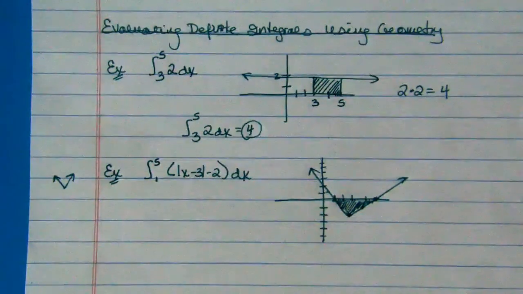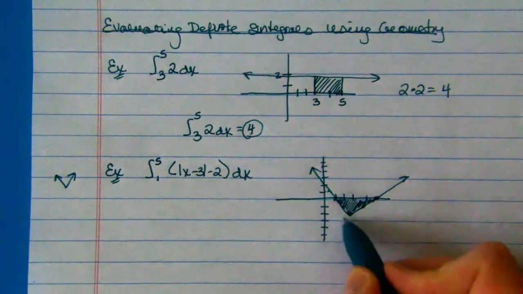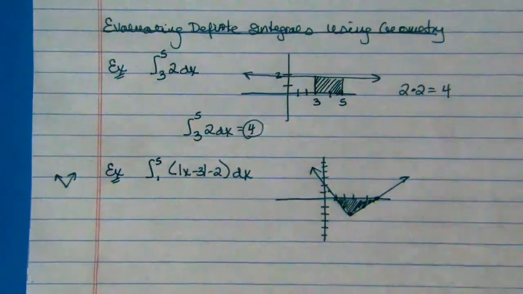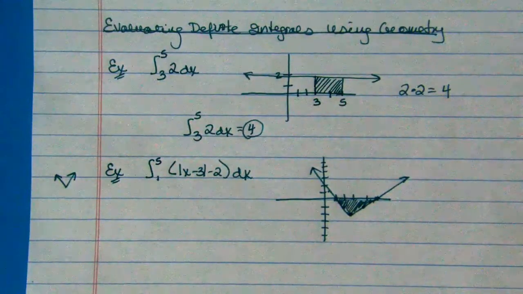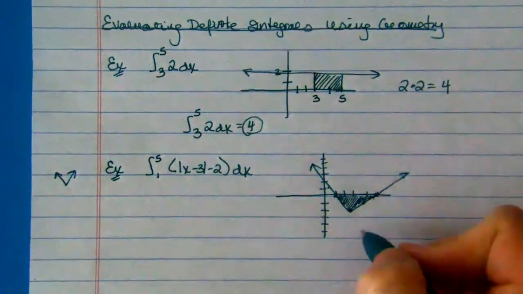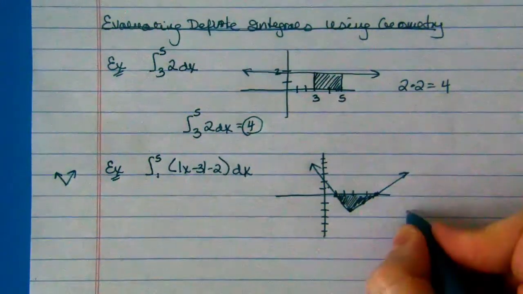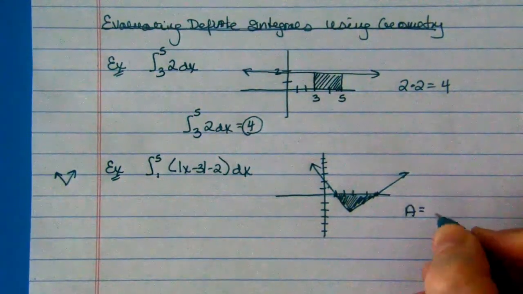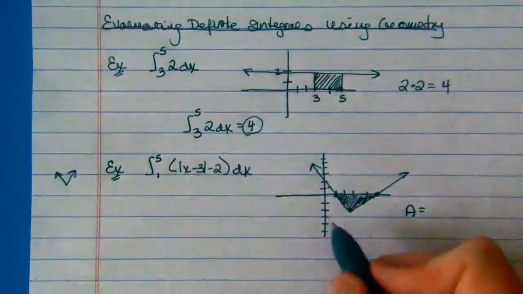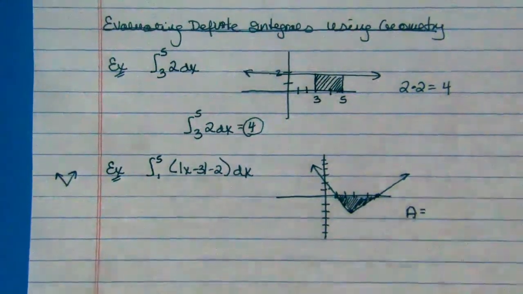Well, first question for you, because these definite integrals are signed area, will my definite integral end up being positive or negative? Hopefully you said negative because we were below the x-axis. Well, we're going to find the area, and when we're done, we're going to make it negative. It's a triangle. What's the area of that triangle?